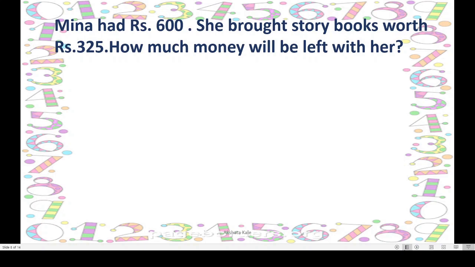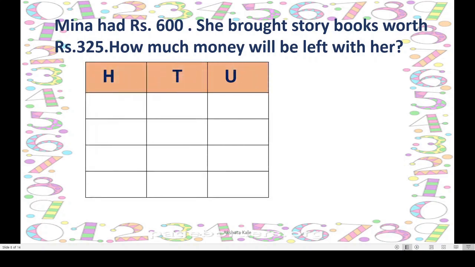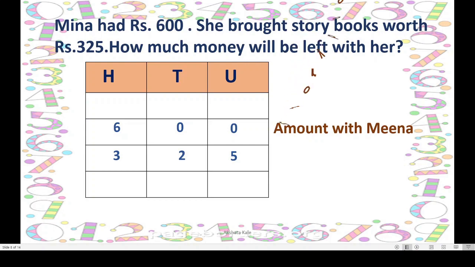Okay, now we will make a table. We will write 600 up and that is nothing but amount with Meena. Then we will write 325, that is the cost of storybooks. Right? We will put subtraction sign.